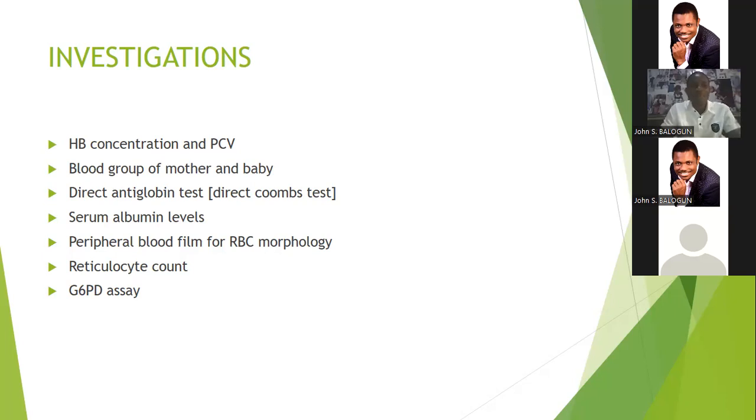You check the peripheral blood film for red blood cell morphology, which can help you make a diagnosis of conditions like spherocytosis or elliptocytosis, all those abnormal red blood cell morphologies. We also check the reticulocyte count. Remember I told you reticulocytosis is one of the features of ongoing hemolysis. You also do a G6PD assay.